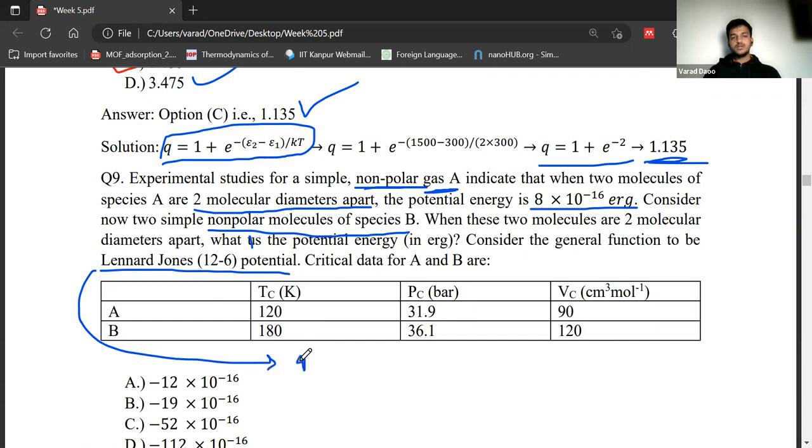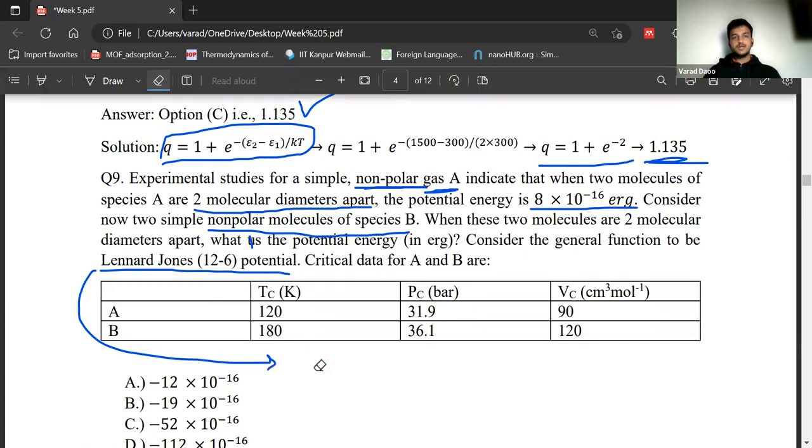Let me rewrite it. Lennard-Jones is basically energy, which you can write as U_LJ, a function of r_ij, the relative separation between the two molecules.